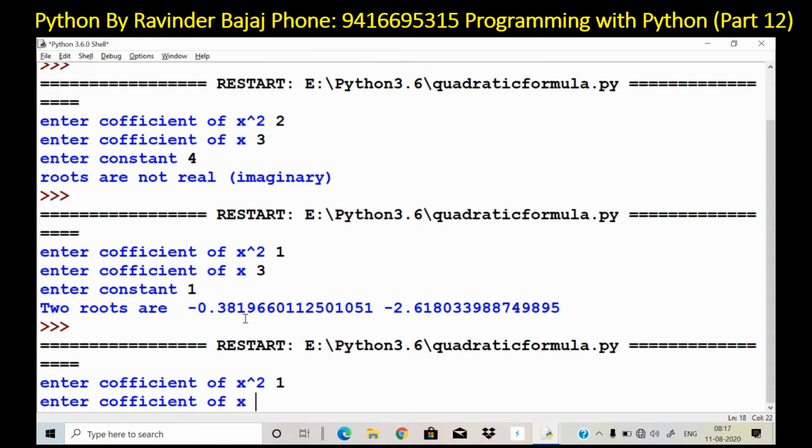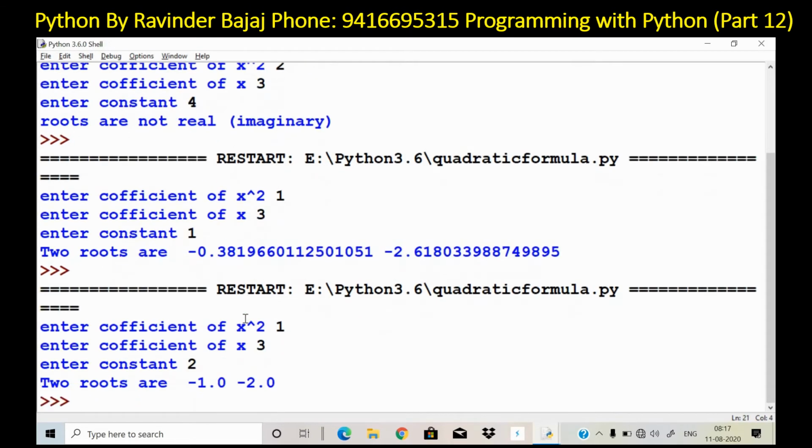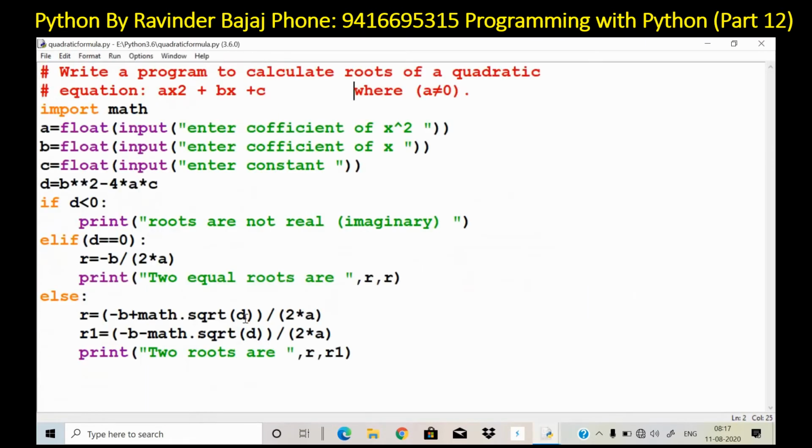Say 1 and 3 and 2. Let's see, roots are minus 1 and minus 2. In this way, you can write this program and run and see the result.